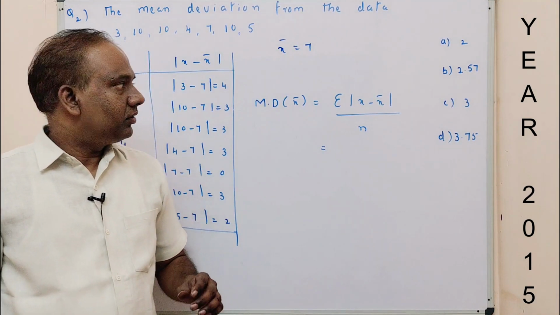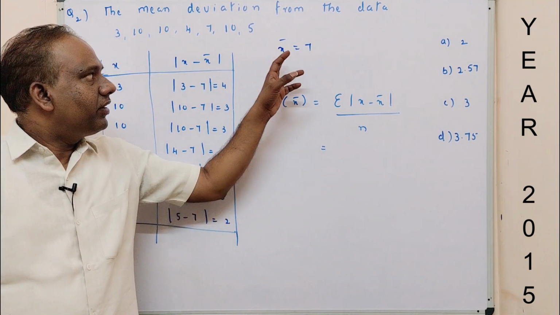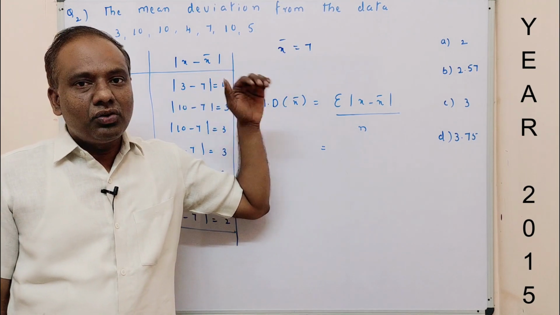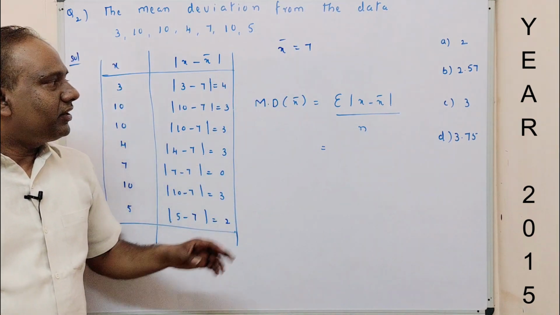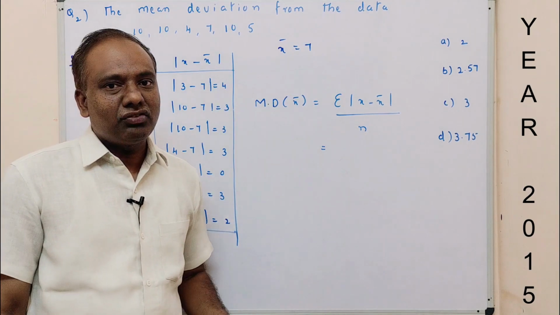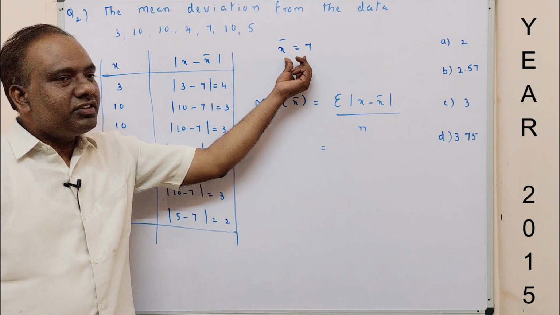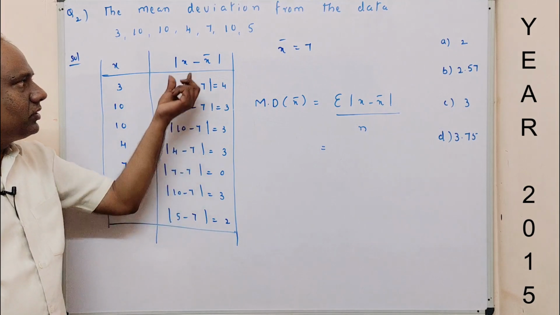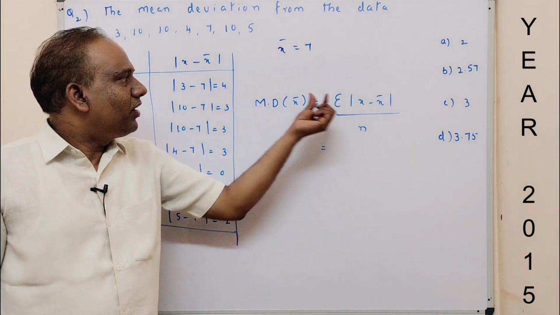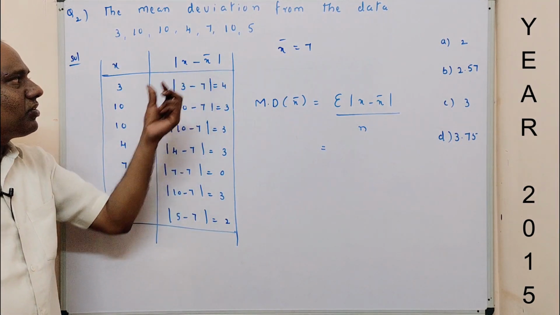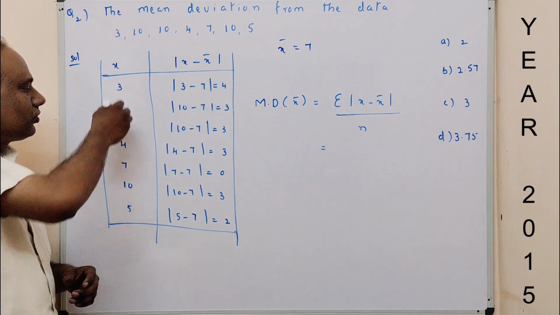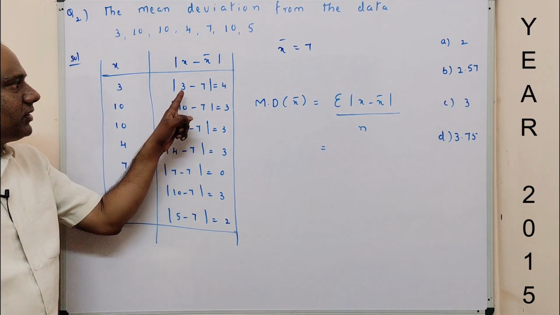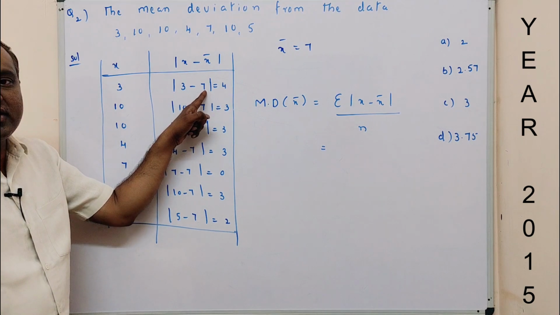Okay, now I continue here. We already found that the mean is equal to 7. Now we calculate the mean deviation about the mean. So first we calculate this value, modulus of x minus x bar. These are the values of x. That means modulus of 3 minus 7.